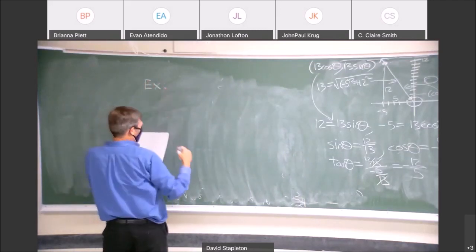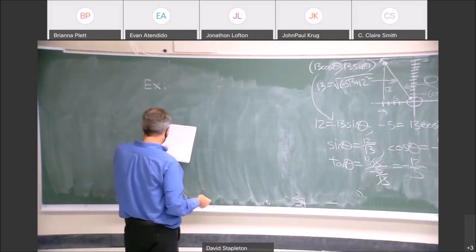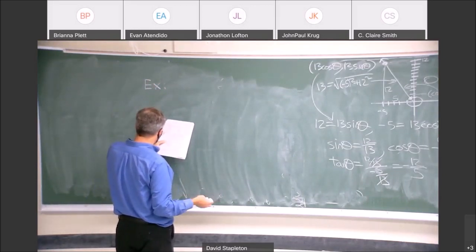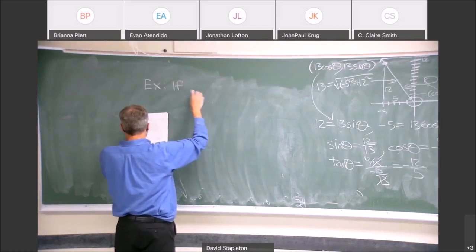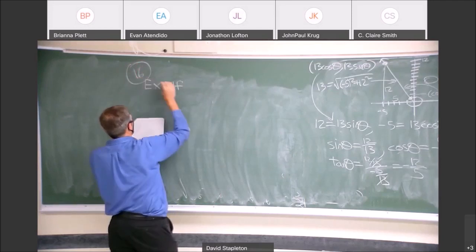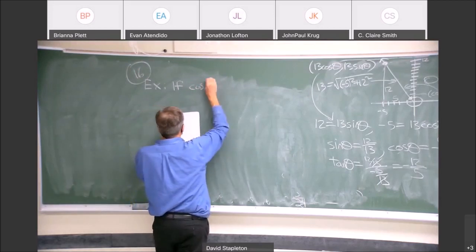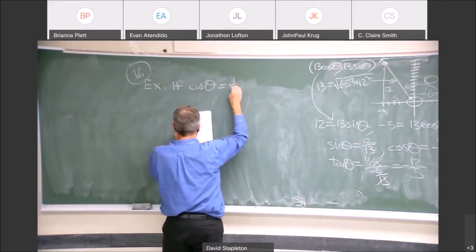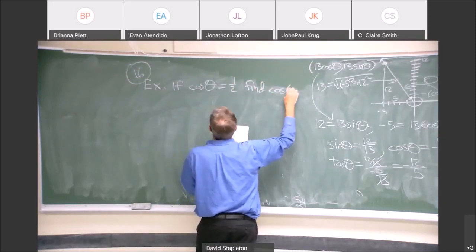Whenever you have a sine or a cosine or a trig function of minus an angle, you can use the even and odd identities to find the corresponding positive ones. Suppose I said, this is number 16 of the UCO supplement, if cosine of t or theta is 1/2, find cosine of minus theta.